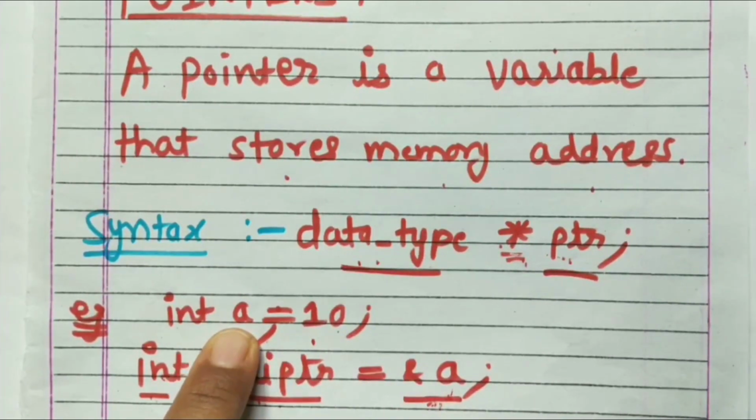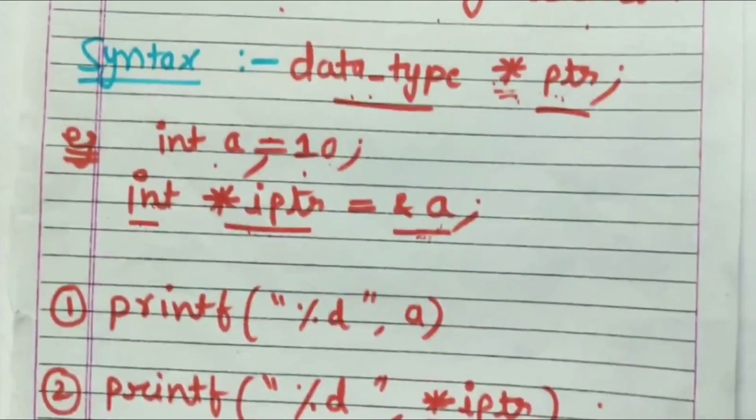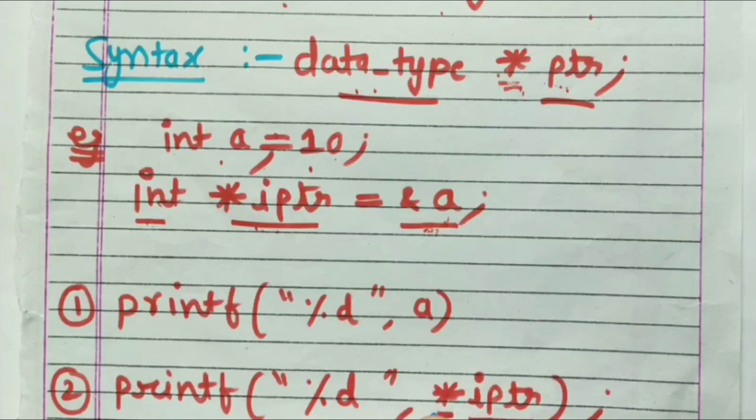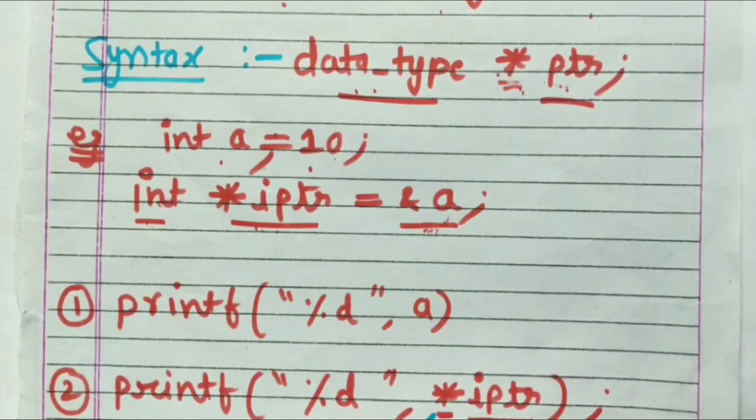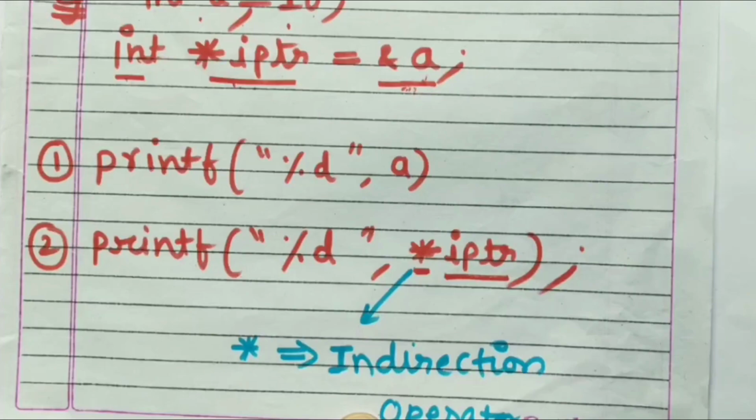Now, if we want to access the value of variable a, how can we do it? The first, basic way is to print the value of a directly using the printf statement. The second is indirectly, using the pointer, where we can print the value of a by using the asterisk mark with the pointer variable. This asterisk is different from the one used in the declaration; it is called the indirection operator or dereferencing operator.